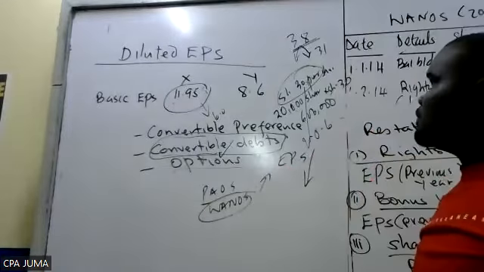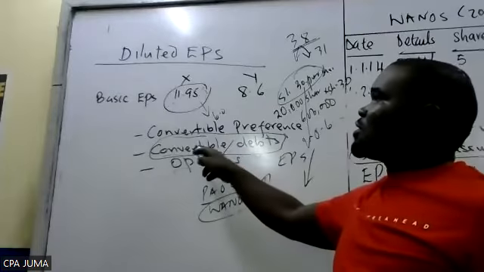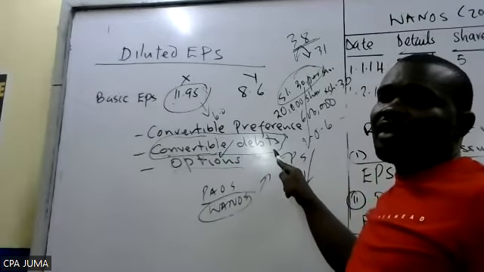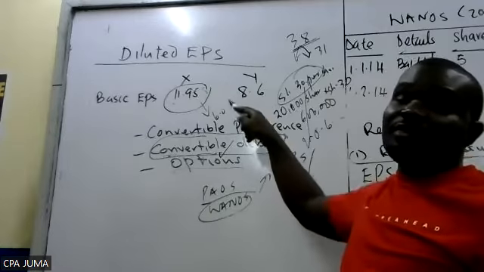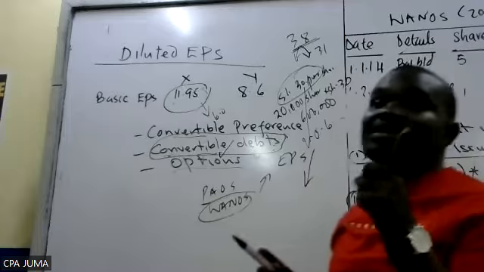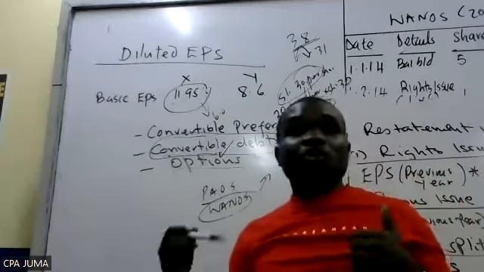So the worst case scenario that these people will join, worst case scenario in terms of EPS, is what we call diluted. To dilute one, you must have the basic. So basic is this. Please calculate for me, and that is what you should tell the broker.